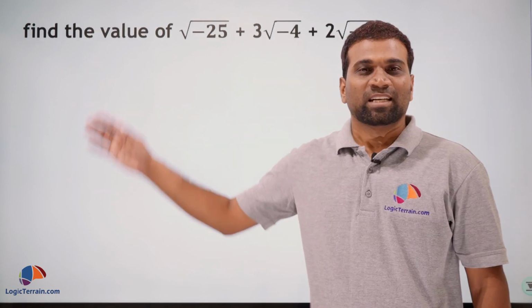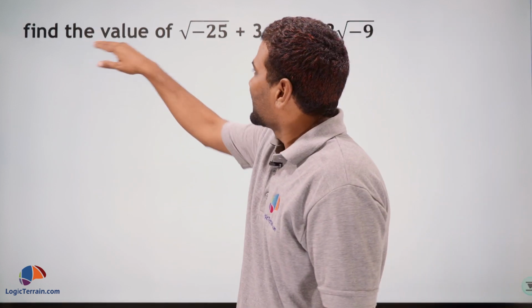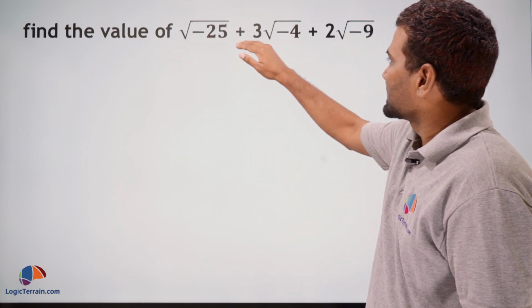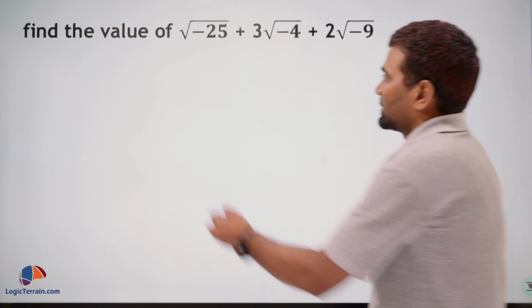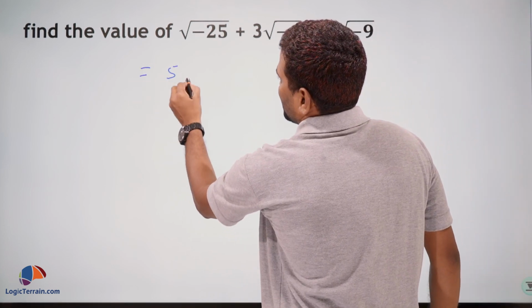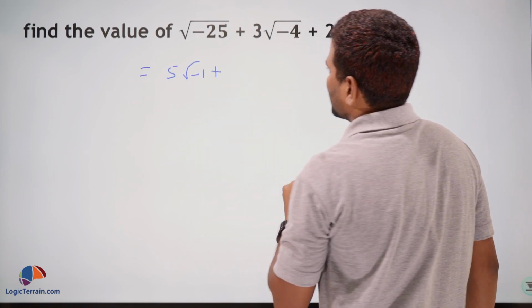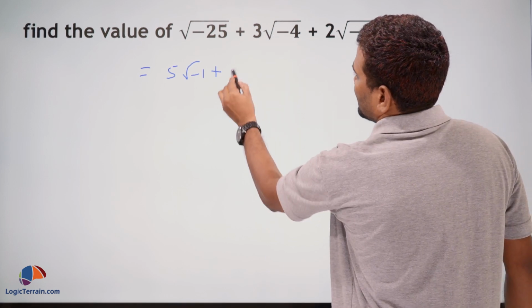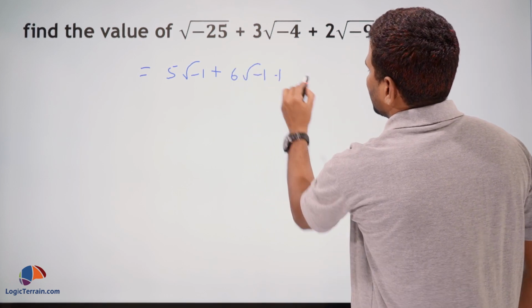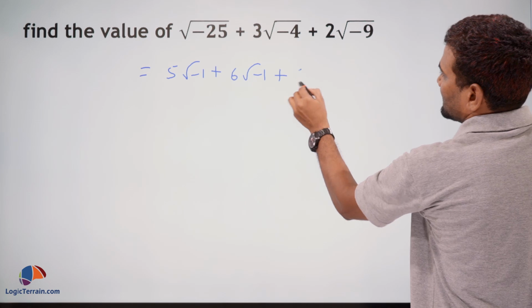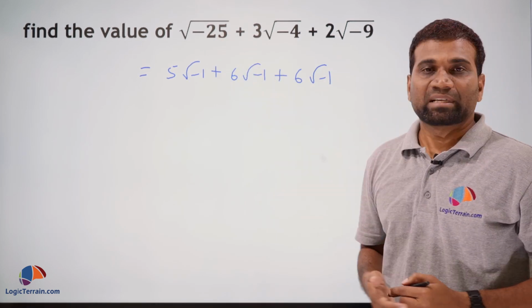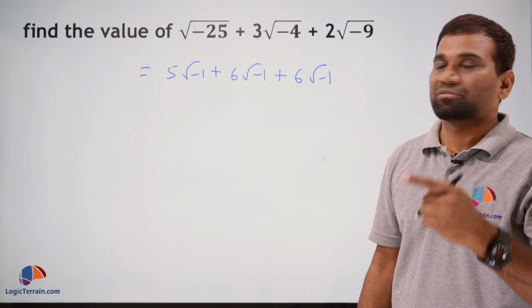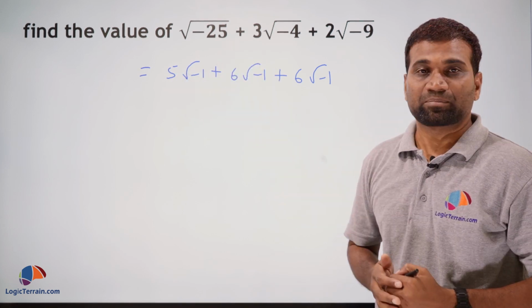Clear? Here is another example. Find the value of square root negative 25 plus 3 into square root negative 4 plus 2 into square root negative 9. This is equal to 5 square root negative 1 plus 2 3s are 6 square root negative 1 plus 3 2s are 6 square root negative 1, because square root negative 25 can be written as negative 1 into 25 and square root of 25 is 5.